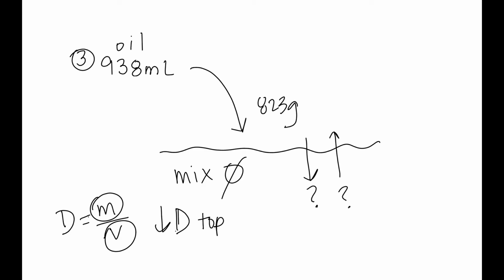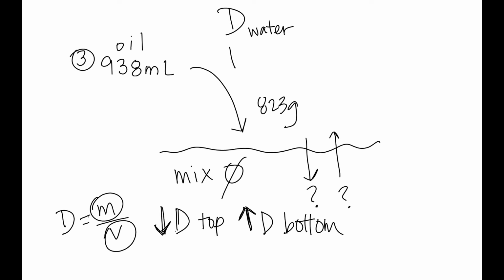So if the density of the oil is smaller than the density of water, then it will go to the top. If it is larger than the density of water, then it will go on the bottom. Pretty simple. Okay, so that means I need to know two things: the density of water and the density of oil.